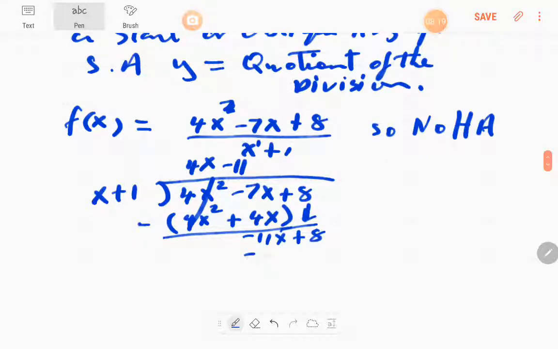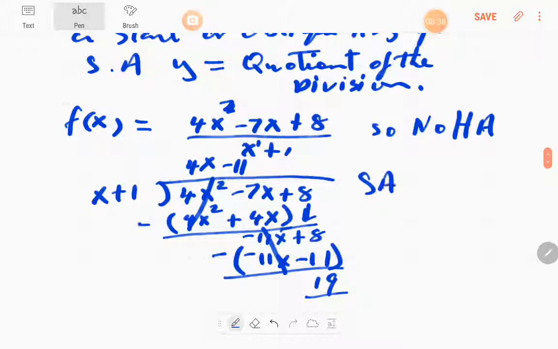So this would be minus 11x minus 11. And now subtract. So these two would cancel out. And then we'll have 19 as our remainder. But the slant asymptote would be y equal to 4x minus 11, the quotient of the division. That would be a slant asymptote.